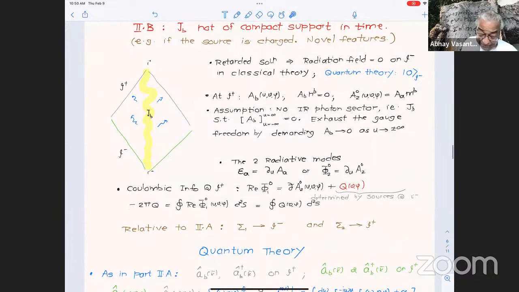Now, the assumption here is that there is no infrared sector. There's an assumption on the source up here that the retarded solution is such that the value of A at u equal to minus infinity is the same as the value of A at u equal to plus infinity. If not, I would have to worry about the infrared sectors. And just for the sake of simplicity, I'm assuming that is not the case.